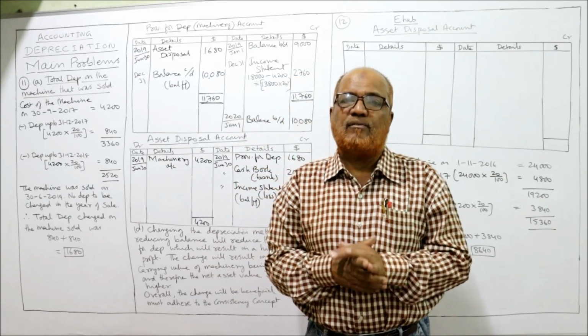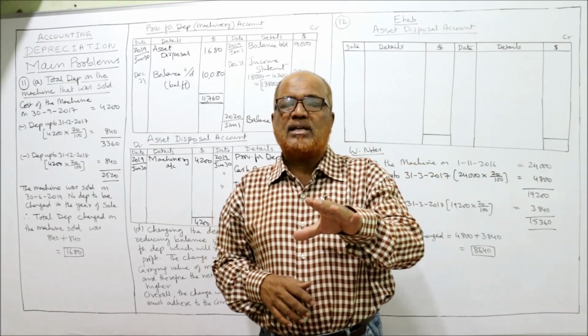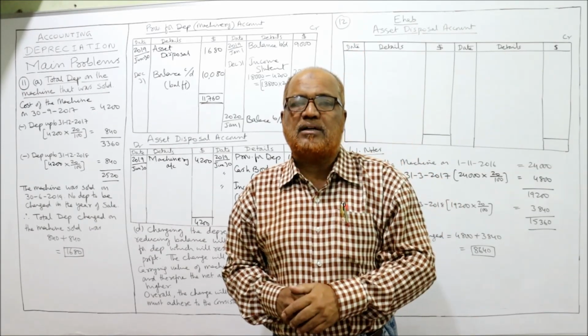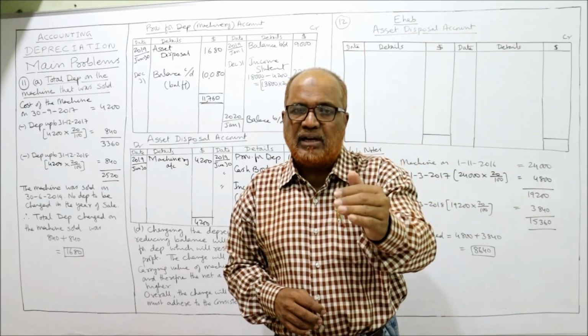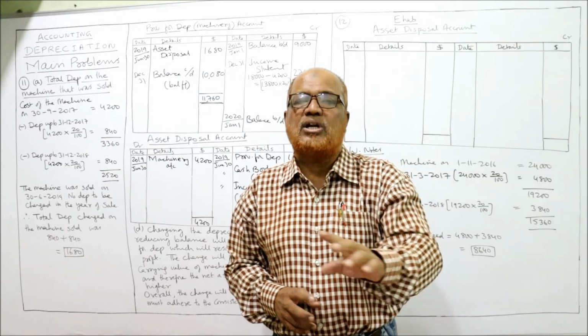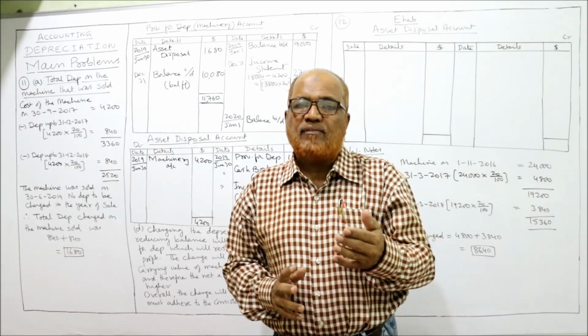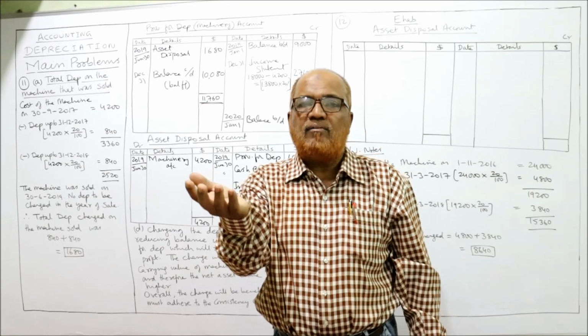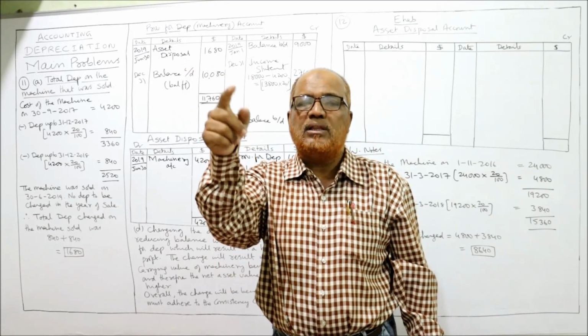So we have two effects. If we change the method from straight line method to diminishing balance method, the profitability will increase because depreciation decreases. Second effect, when we charge lower depreciation, the carrying value of the asset will be more in the statement of financial position.